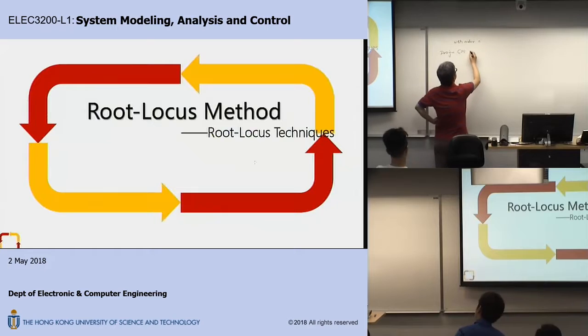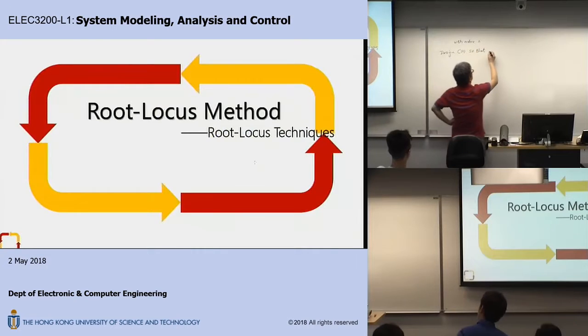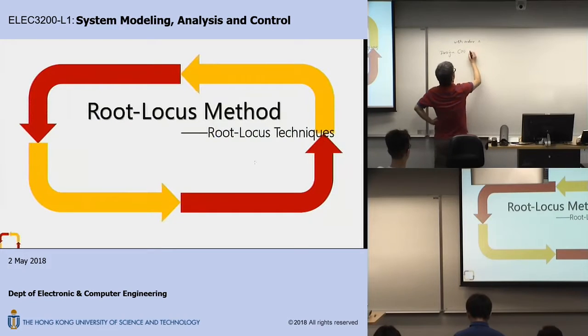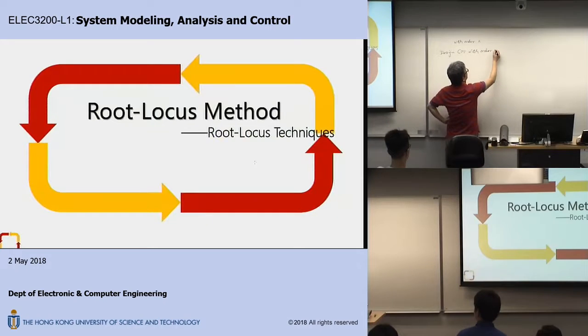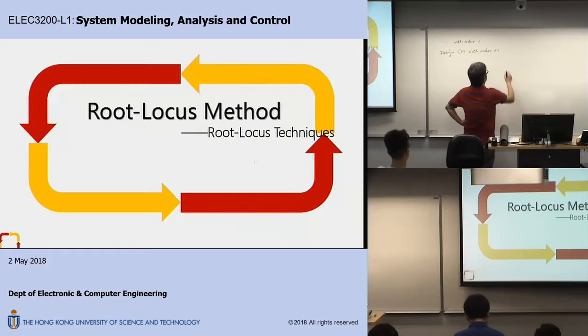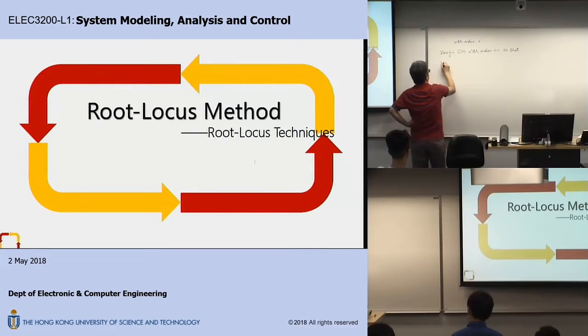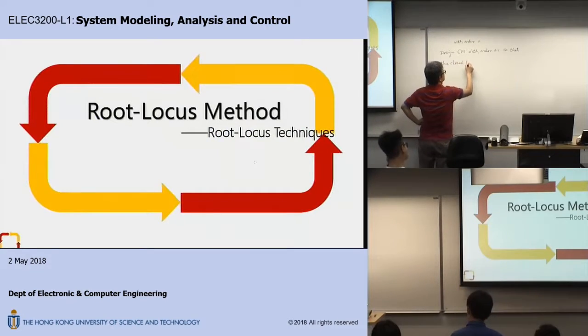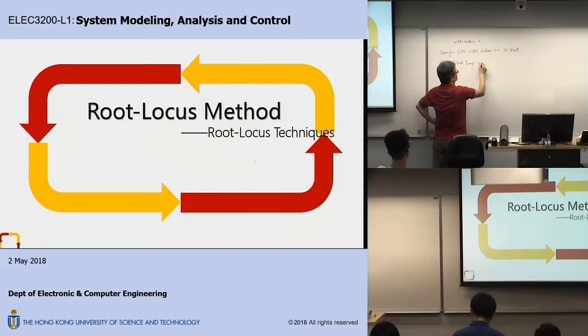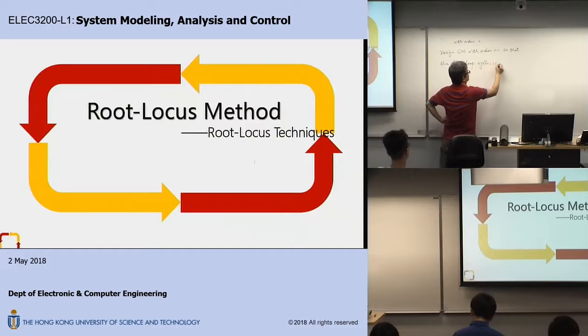So that the controller, with order n minus 1, so that the closed loop system is stable.